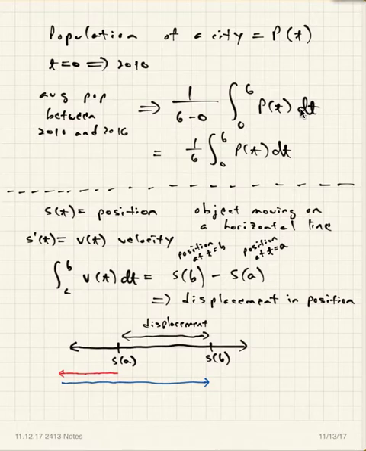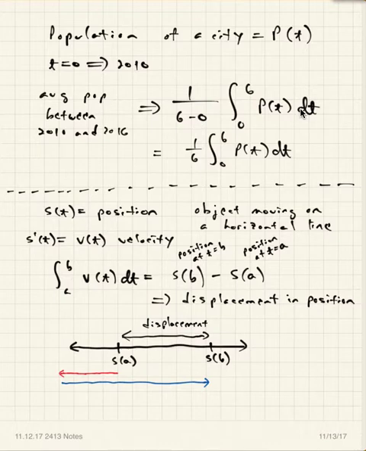Then notice that the total distance that object's moved would be the red distance plus the blue distance, which would not be s of b minus s of a. So integrating the velocity function gives you the change in the position of the object, but it doesn't necessarily give you the distance moved. If the object changes directions, then it does not give you the distance that it's moved.